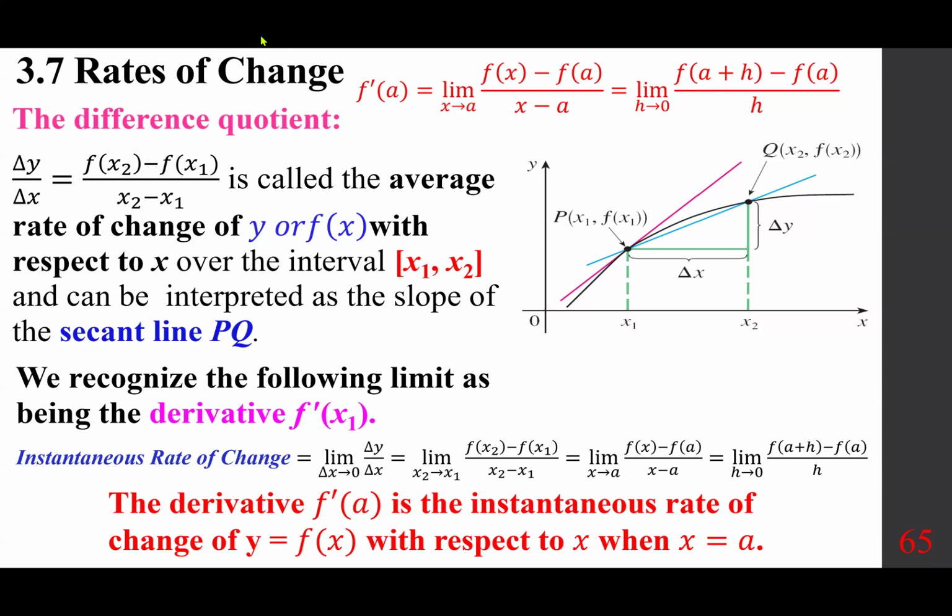All right. Now the average rate of change, m of the blue line, PQ, the secant line. The instantaneous rate of change, m of the red line, the tangent line, also known as f prime of P.